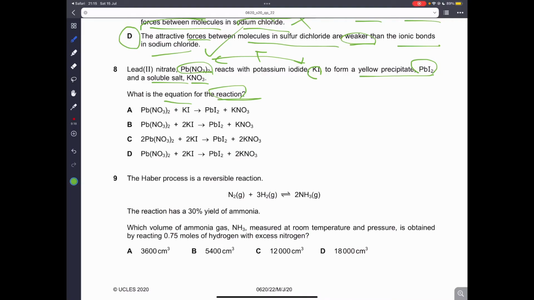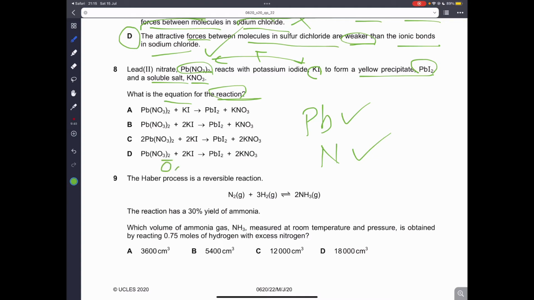Let's look from the bottom first. So we see Pb, there is 1. There are 2 nitrogen on the left hand side and 2 nitrogen on the right hand side. So nitrogen can be ticked off. Pb, yes, nitrogen is also balanced.